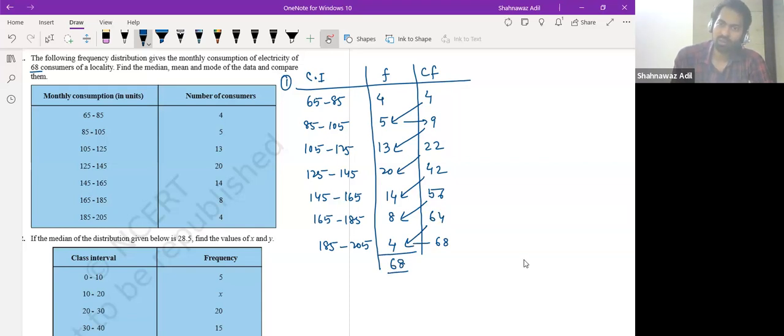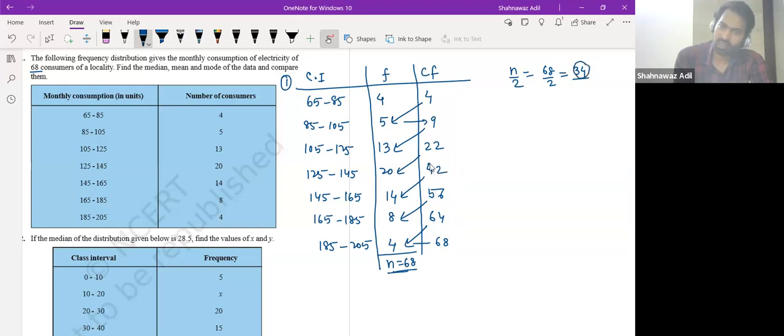Now, what do we have to find out? This is n, right, guys? This is n. So n is 68. So we have to find out n by 2, right? So 68 by 2, which is 34, right? So where is 34?